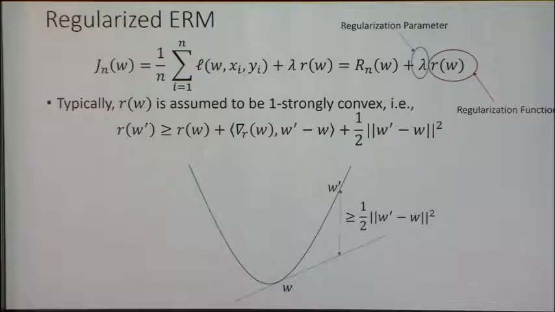So it says that my function is growing much faster as I go far away from my optimum, and that helps guide the search process very well, and in fact also ensures uniqueness of the optimum. Okay. So throughout this talk, I will assume that we are trying to solve this regularized empirical risk minimization problem.